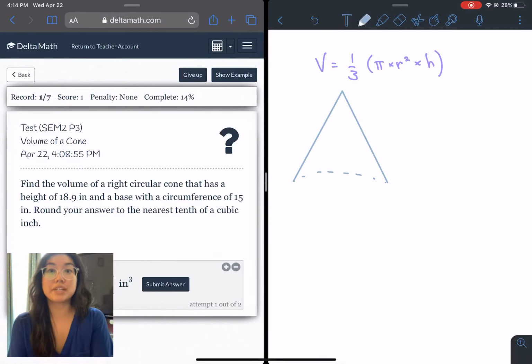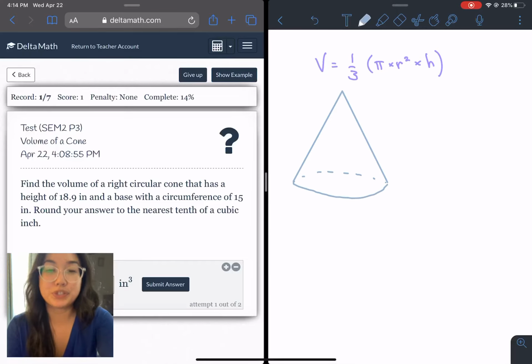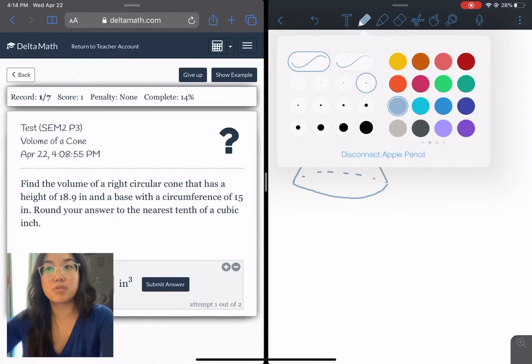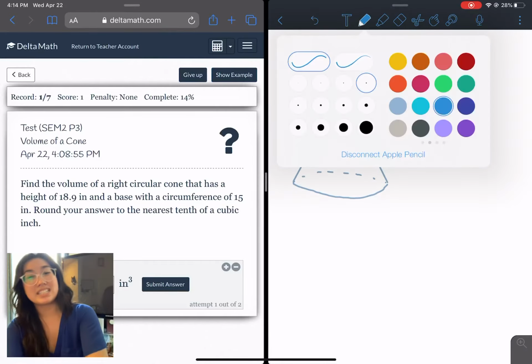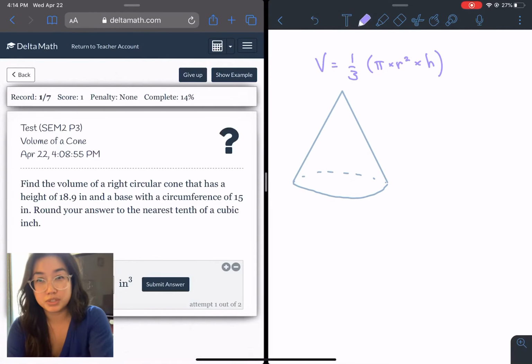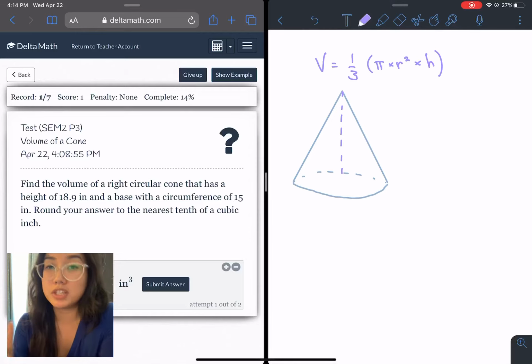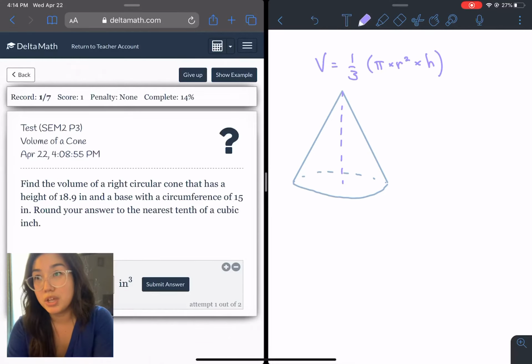So this is bringing it back to circumference. We reviewed area, but unfortunately we didn't get to review circumference. So this video will show you how to solve for the volume of a cone when you're given height and circumference.